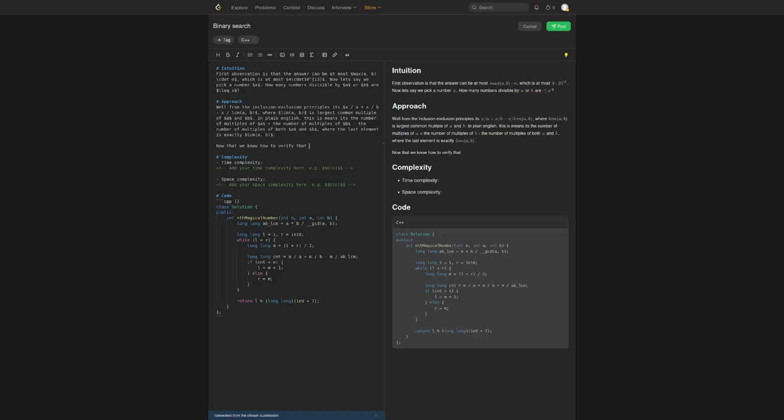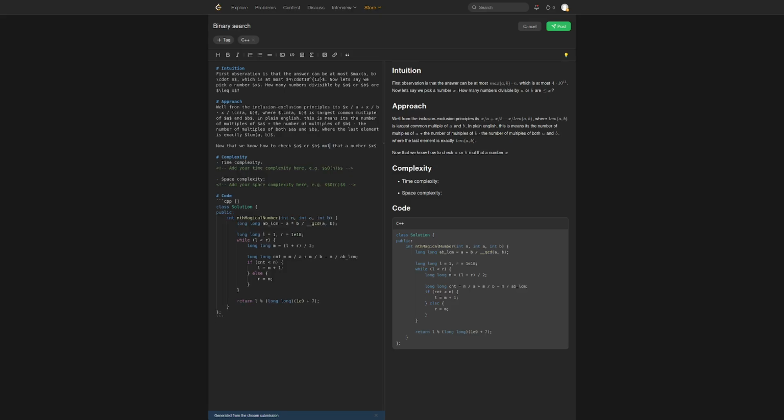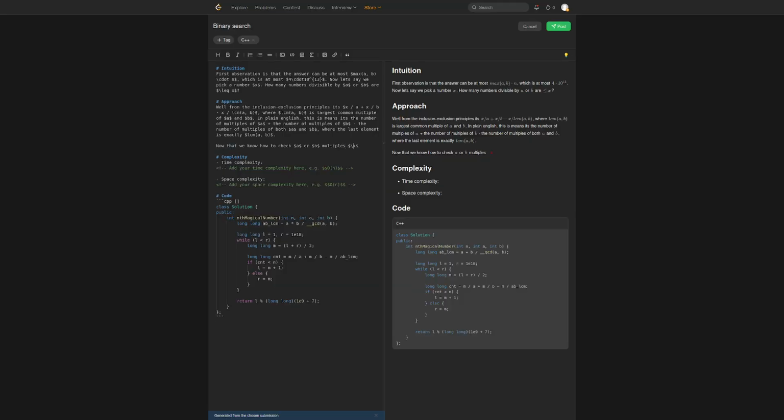Given a number x, how to check how many multiples of A or B are there, like this.